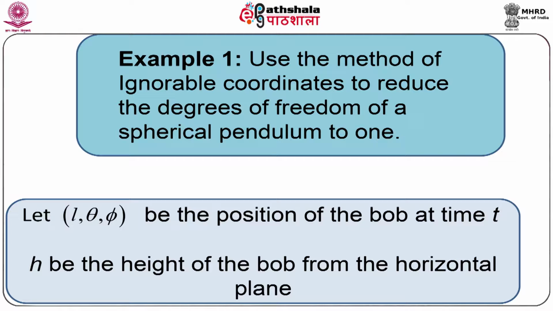A spherical pendulum is a simple pendulum of length L which can move through the entire space about the point of suspension. The bob of the pendulum moves on the surface of a sphere whose radius is equal to the length of the pendulum.